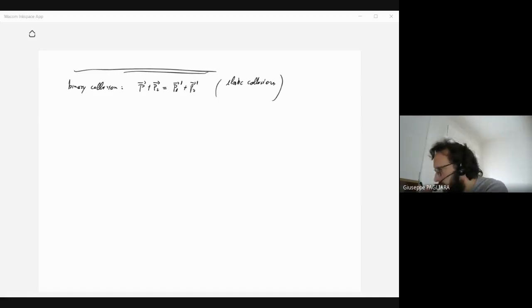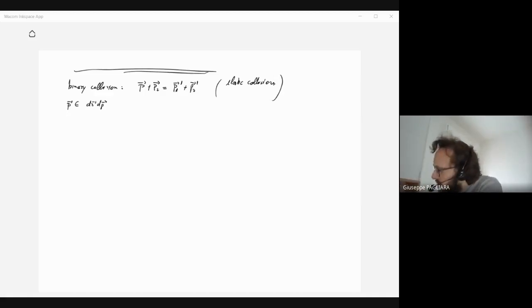Energy and momentum depend on the frame. Where P belongs to the small volume dr dp centered around r and p.